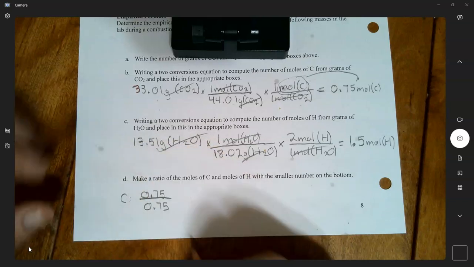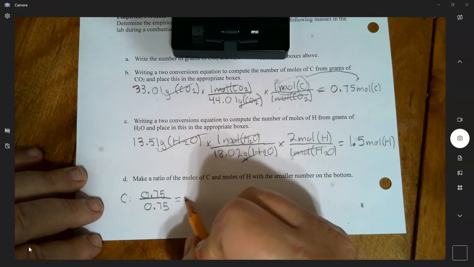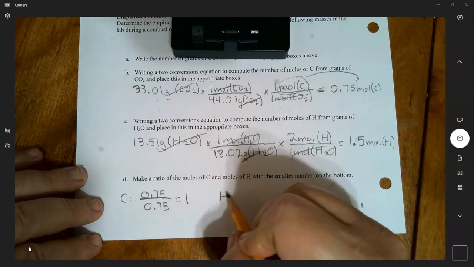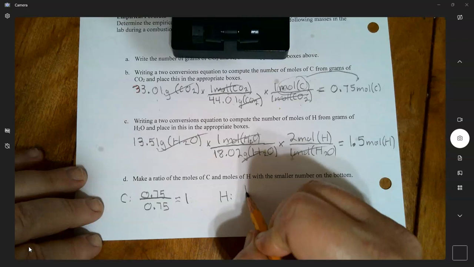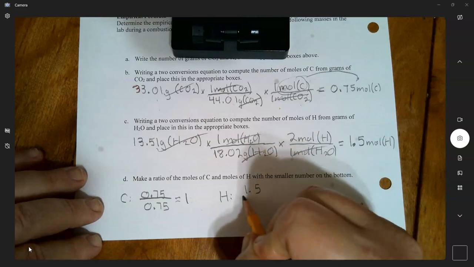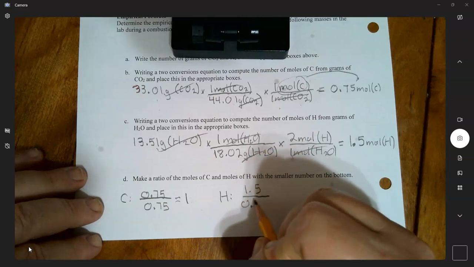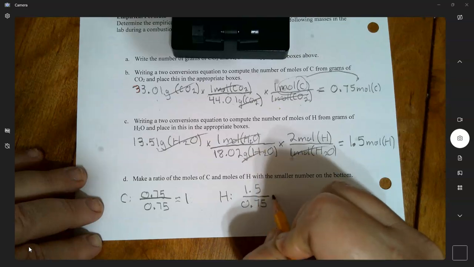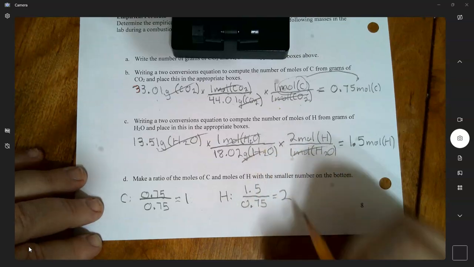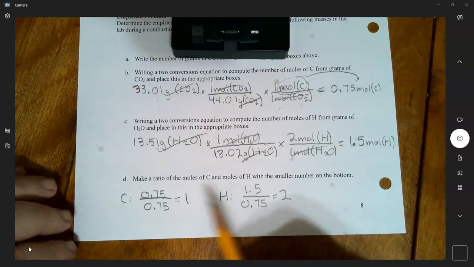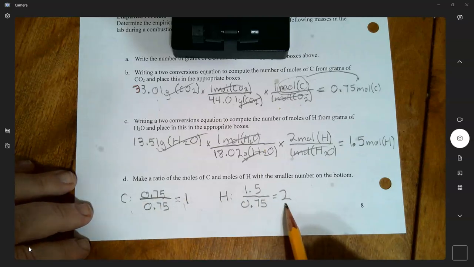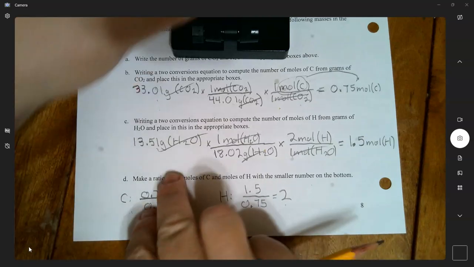The smaller one is always going to turn out to be 1. For hydrogen, we had 1.5 moles of hydrogen, and we put that over 0.75, and that equals 2. So for every 1 carbon, we have 2 hydrogen.